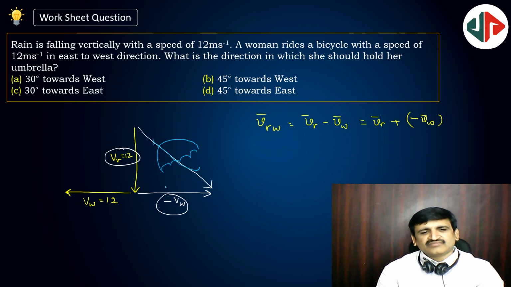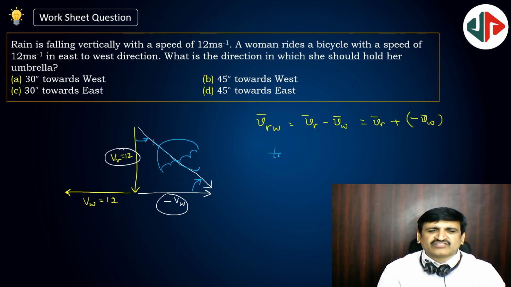Now the options are 30 degrees towards west, 45 degrees towards west; he is asking the angle. First let me find out this angle with the vertical, this angle with the horizontal. Let us see any one angle. Both are 12, 12.